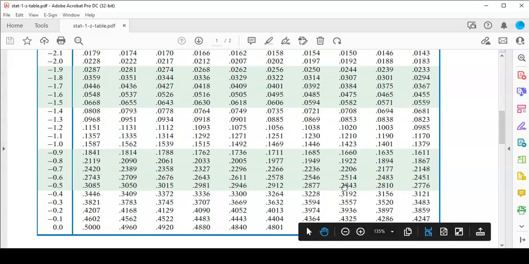Yeah, right here. 0.2514 and 0.2483, and that's pretty close to negative 0.67 or 68. So negative 0.675, approximately speaking.